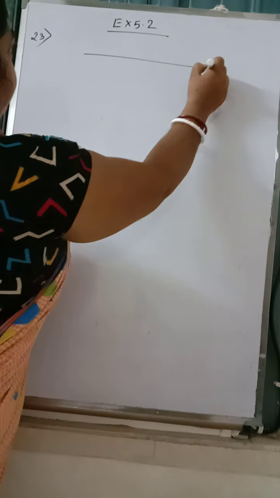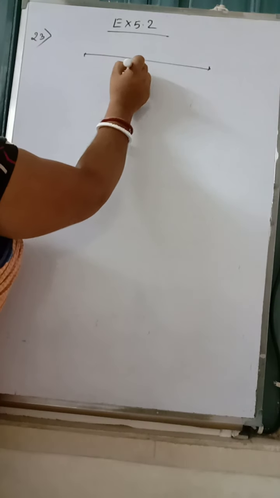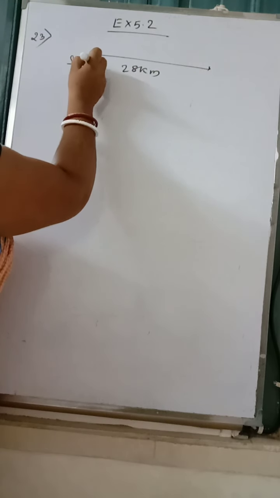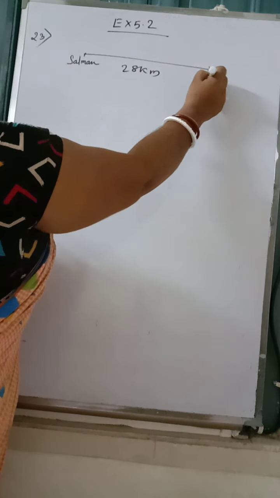Now, say this is the place which is 28 km apart, and Salman and Kirti are at these 2 points, okay? Afterward, the situation says if they walk in the same direction, Salman overtakes Kirti in 28 hours, but if they walk in opposite directions, they meet in 4 hours. Find their speed in kilometers per hour.